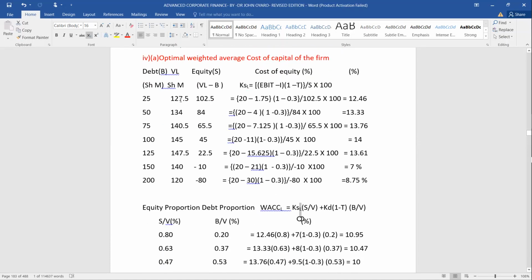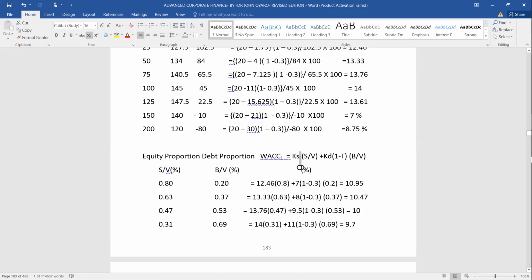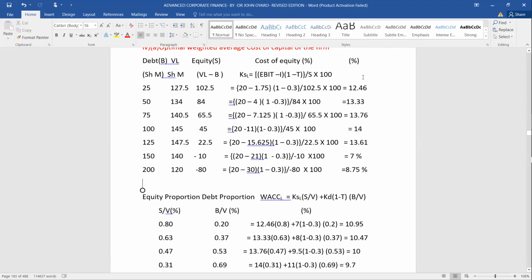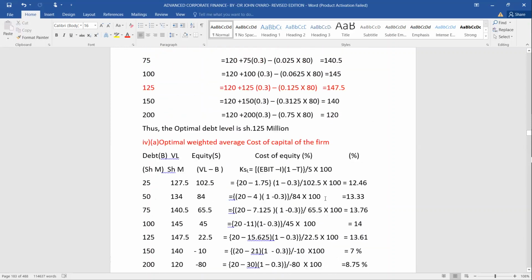102.5 divided by 127.5 is the equity proportion, 0.8? Yes, 0.8. 25 divided by 127.5, is that proportion 0.2? Yes, 0.2. So is it possible to know the weighted average cost of capital? We should. Cost of equity, you have got 12.46. That is what you used there, not CAPM, that formula. So cost of equity is 12.46 times 0.8 plus the before tax cost of debt.